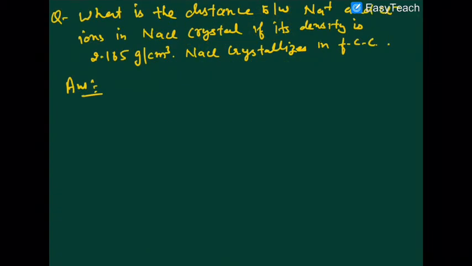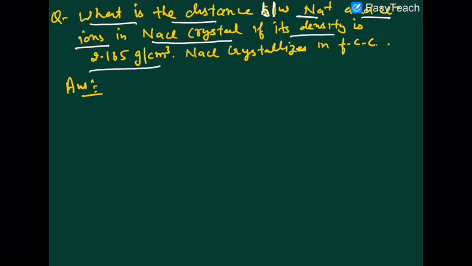Now let's look at the next question. Next question is a very interesting question. What is the distance between Na plus and Cl negative ions in a NaCl crystal if its density is 2.165 gram per centimeter cube, if NaCl crystallizes as FCC.